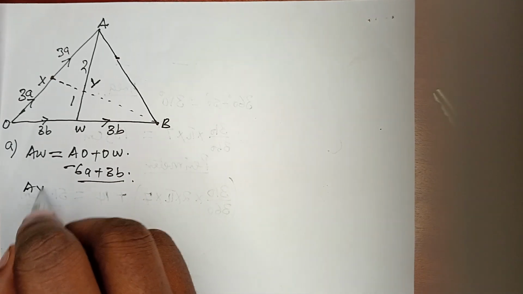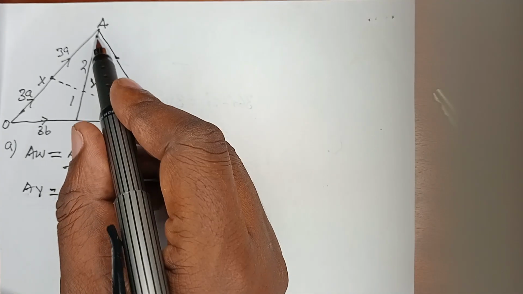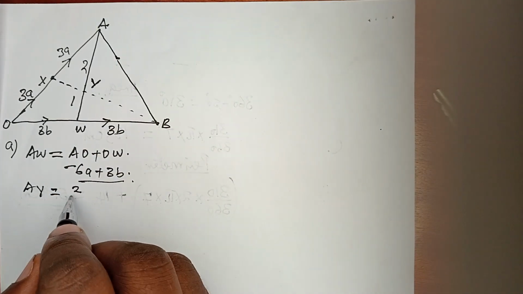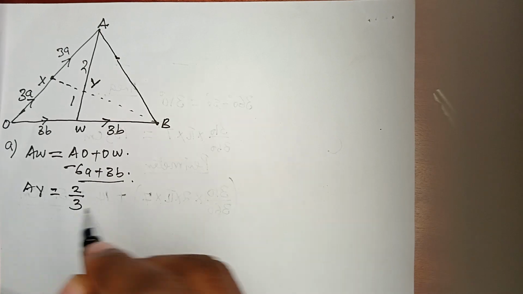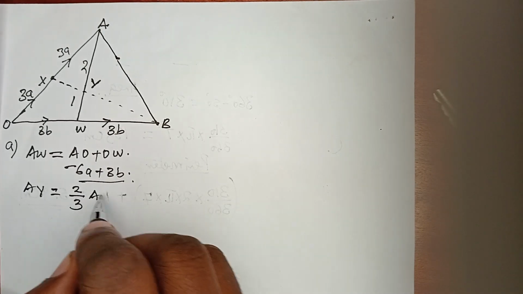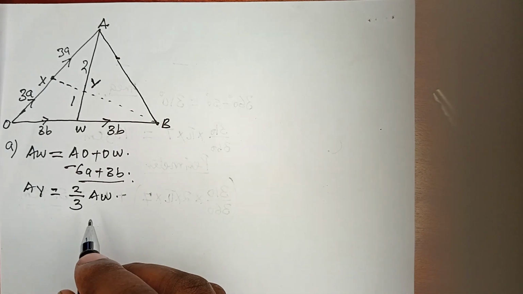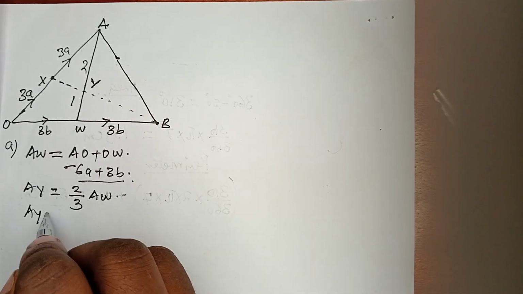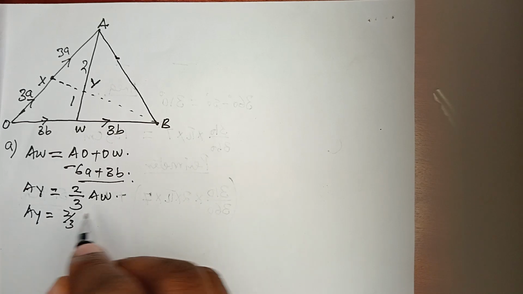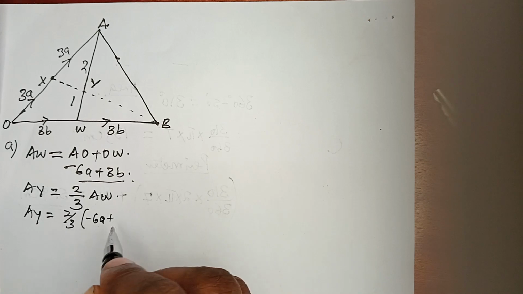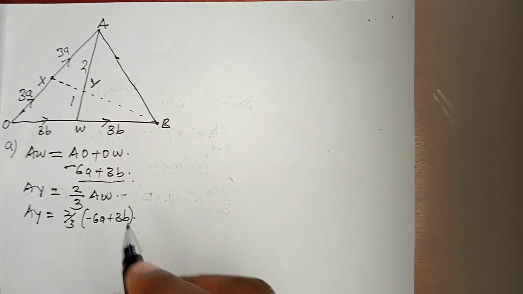Vector AY, from here to here, takes 2 portions out of the total 3 of AW. So what that means now, AY is 2/3 of AW, which is minus 6A plus 3B.